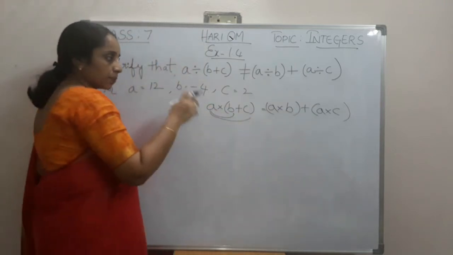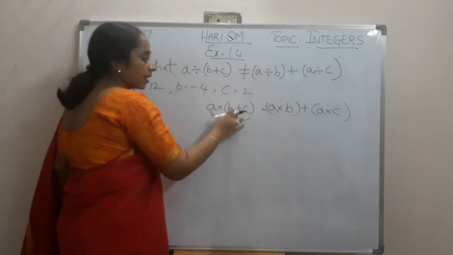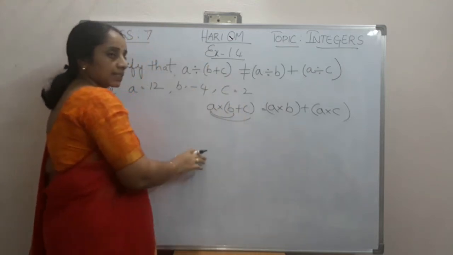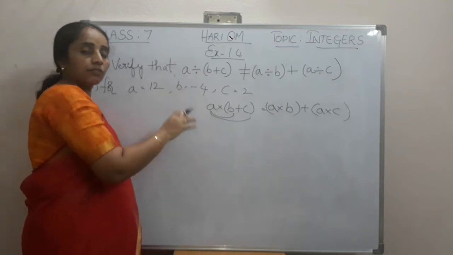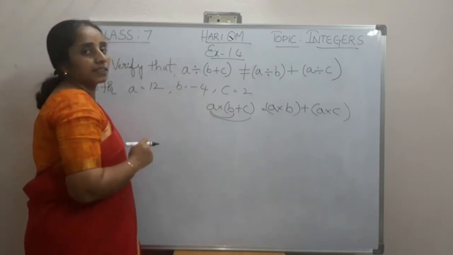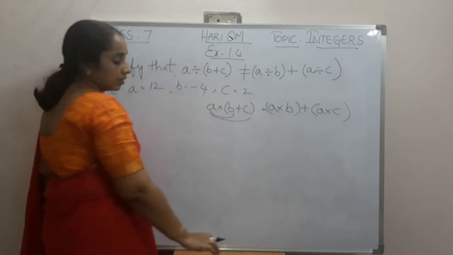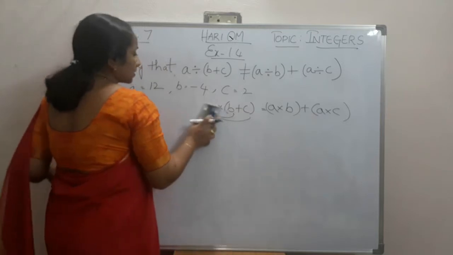That is the distributive property, multiplication over addition, that we discussed in our previous classes and we checked also. It satisfies in integers. In case of division, now we are going to check it.